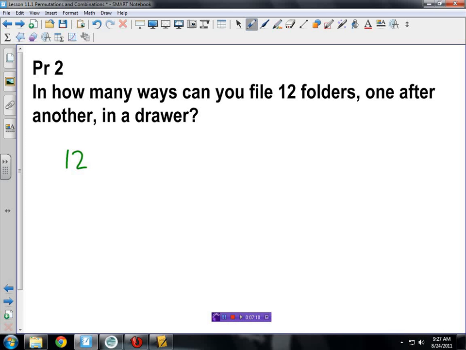So 12 goes first because we have 12 options. The next one is, how many options do we have in the next spot? Well, if we filed 1 already, we're down to 11. The third place is after we file 11, we need to file one of the last 10, and so on. And if you notice, this looks exactly like a factorial problem.